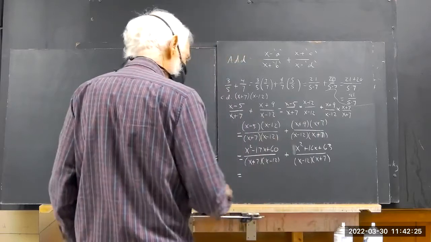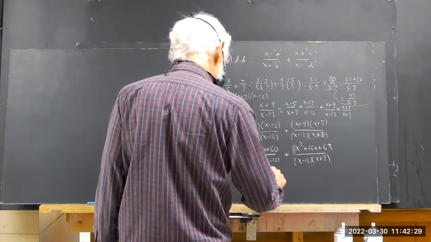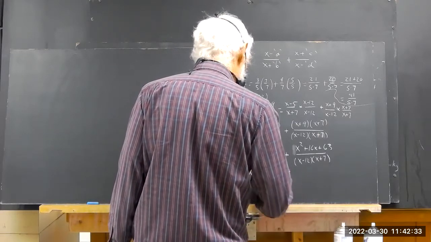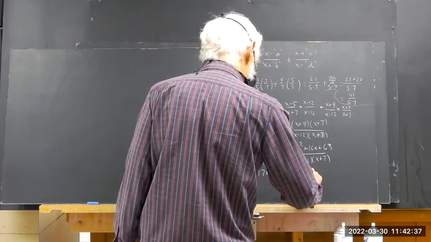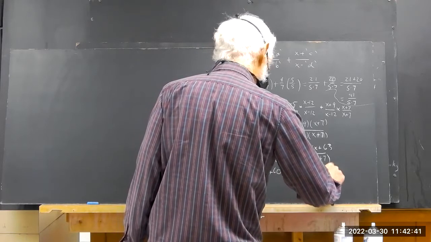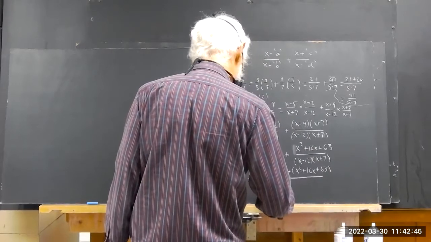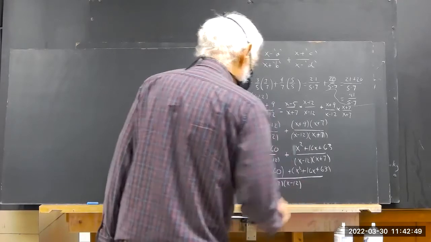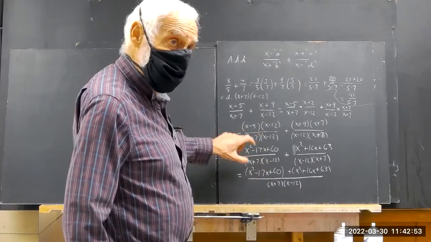Okay, anyhow, here now we can say that this is x squared minus 17x plus 60. I'll put parentheses around that. Not really necessary, but this is good. Okay, this is the same as this, because of the distributive law.